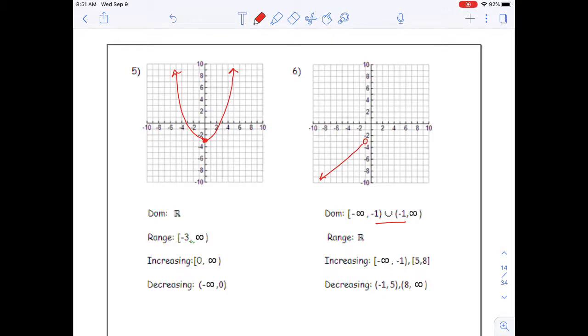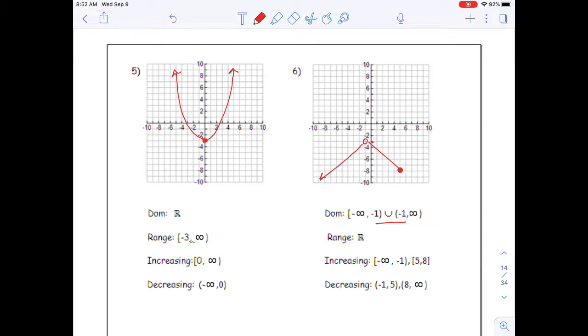But there is, and then from 5 to 8 also increases. It's decreasing from -1 to 5, so I'm just going to take this one down. Here's 5. We're going to decrease until we get to 5. And that will be colored in because the only place there was not a point going to be is -1.